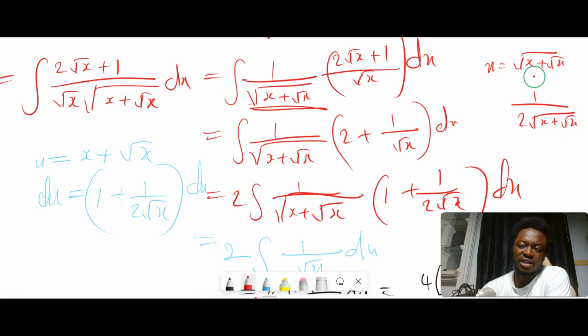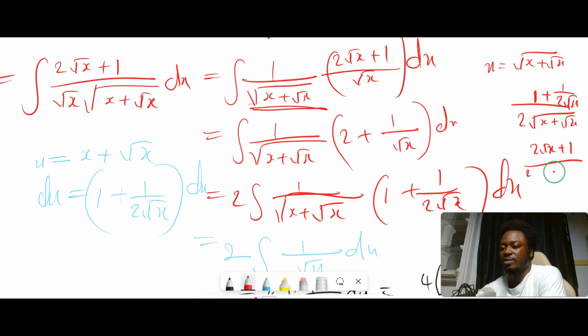They have to differentiate this part, so that will give you a 1 at the top plus 1 over 2 square root of x. I think from there you can now simplify everything, because this will then become 2 square root of x plus 1 over 2 times what over 4 times square root of x square root of x plus square root of x. So I think this is the fastest way, because you can realize that this 4 is the same thing as multiplying by 4 here. So you can now realize that sometimes you just have to take a term in this integral and take the derivative.